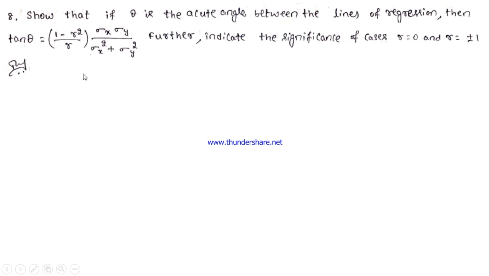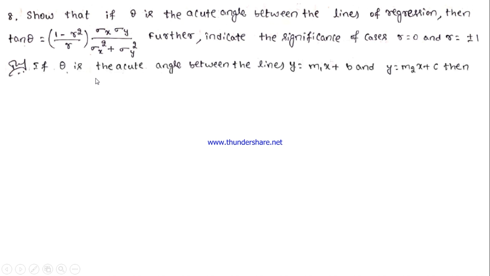Let me handle this. Suppose theta is the acute angle between the lines y is equal to m1 x plus b and y equal to m2 x plus c, then tan theta is given by (m2 minus m1) divided by (1 plus m1 into m2), where m1 and m2 are slopes of these two straight lines.